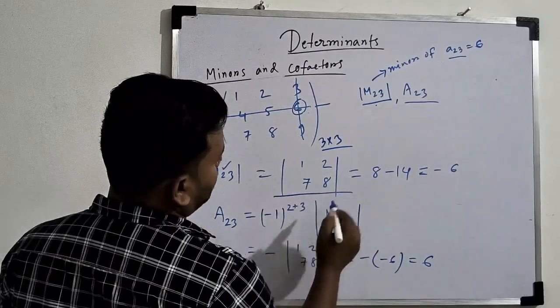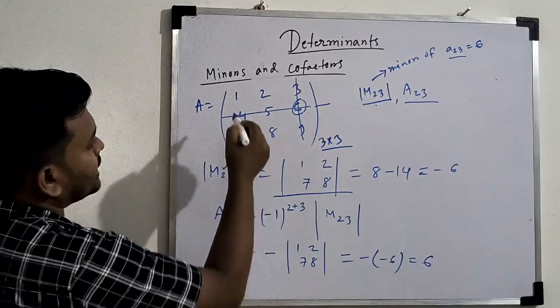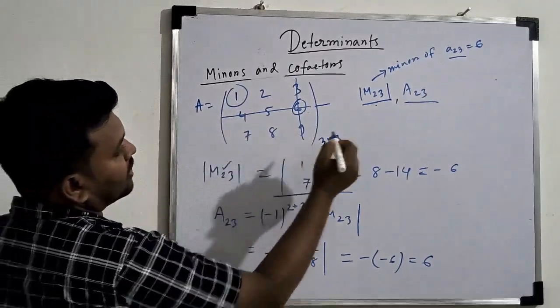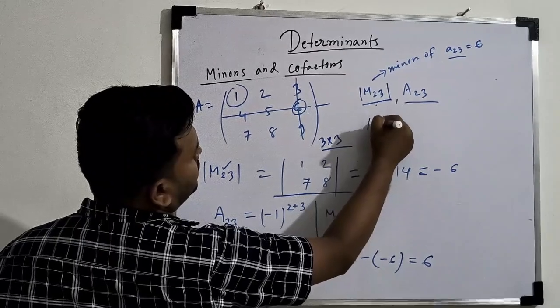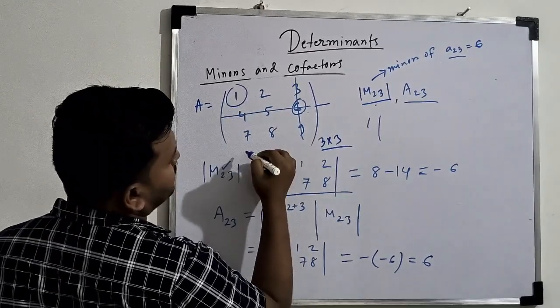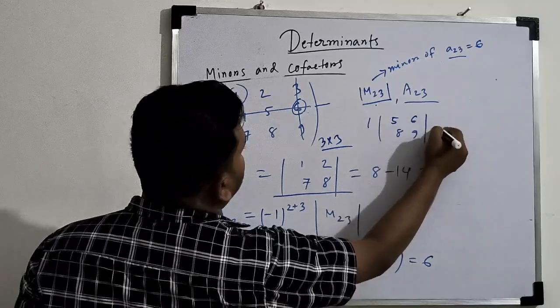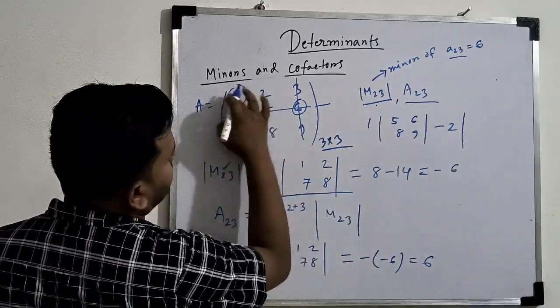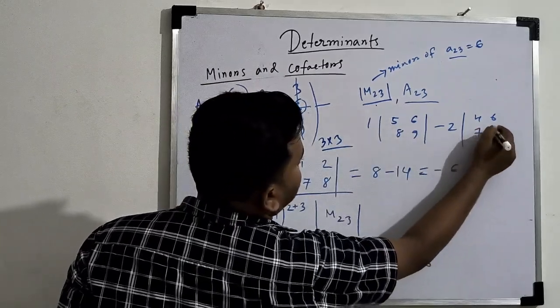We use minors to find the determinant. Whenever we find the determinant of this matrix, we first take 1 into the smaller matrix, with the row and column deleted, so 5 6 and 8 9. Similarly, minus 2 into the matrix we get by deleting this, so 4 6 and 7 9.